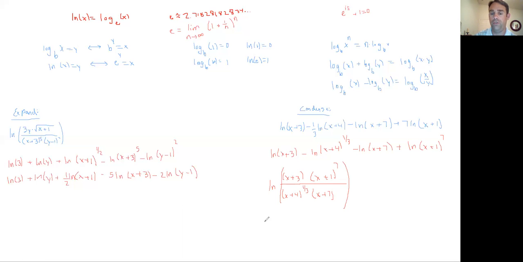I have that 1/3 still, so that means I need to do a cube root here real quick. So I have x plus 3, x plus 1 to the 7th, all over the cube root of x plus 4 times, oh, what was that, x plus 7?